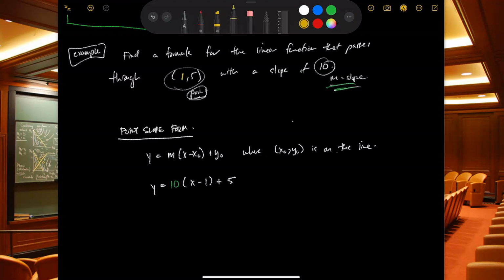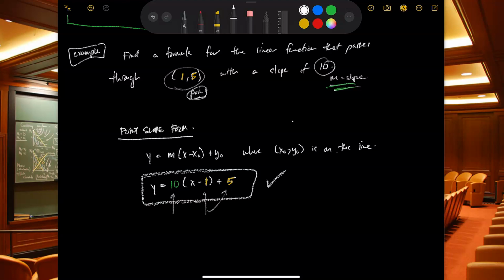So here's again my 1, 5, and now I'm there. Now what's nice about that is, I'm done. I see the information that I was given, right? Here's my coordinates, and here's the slope. So it's easy to see what's happening in the formula.